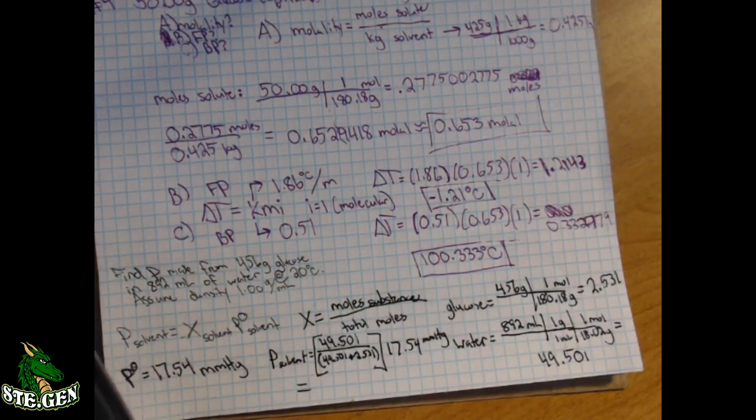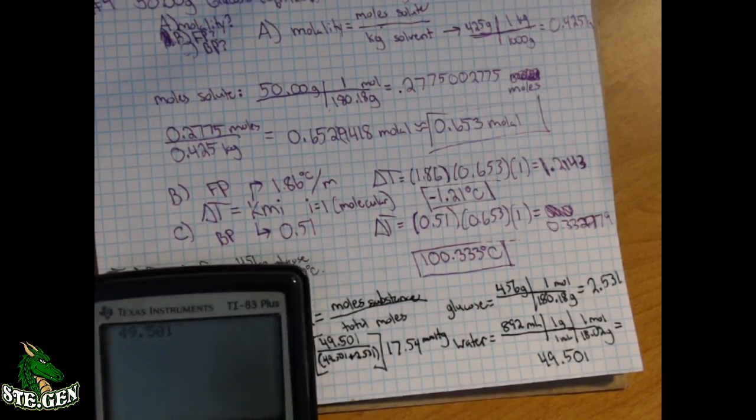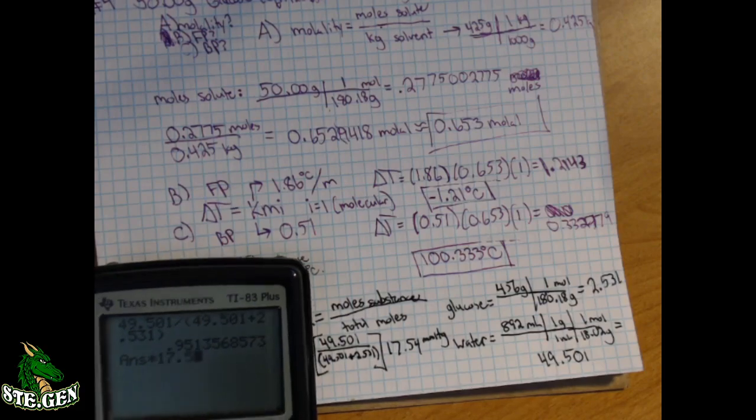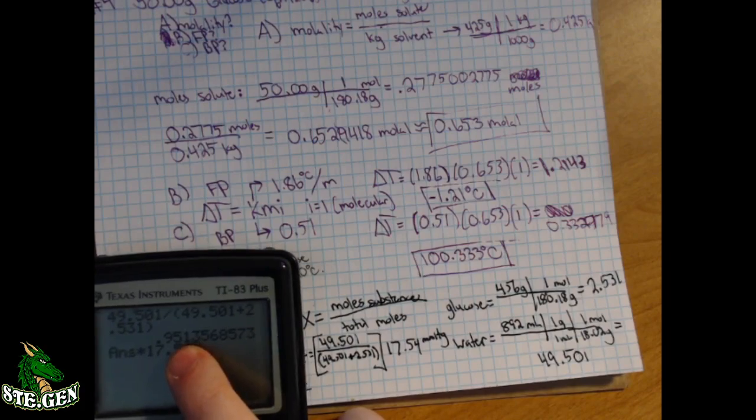So let's go ahead and plug it in. So 49.501 divided by 49.501 plus 2.531. Multiply that by 17.54. Notice this was my mole fraction, which makes sense because it's a number less than 1.